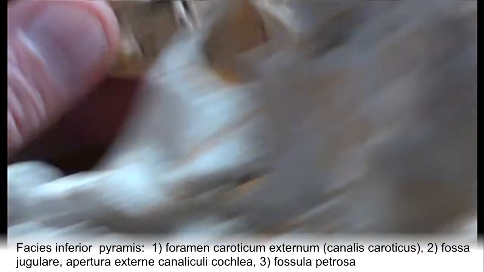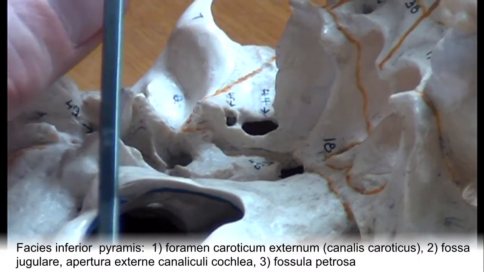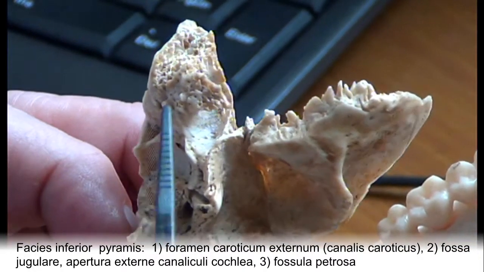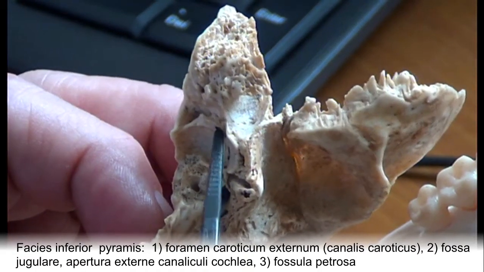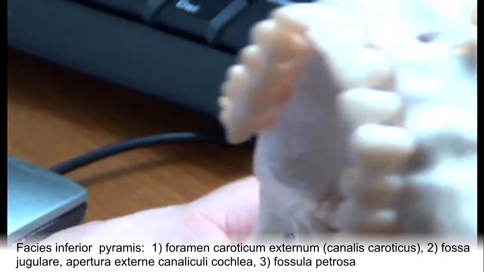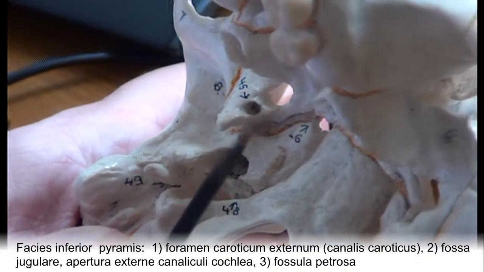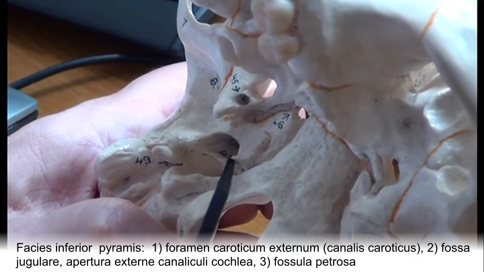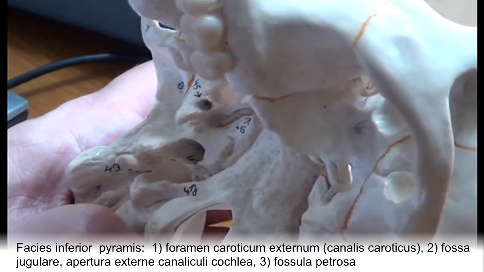You shall remember that to find it, we shall first of all find fossa jugularis, then foramen caroticum externum, and between them we shall find fossula petrosa.